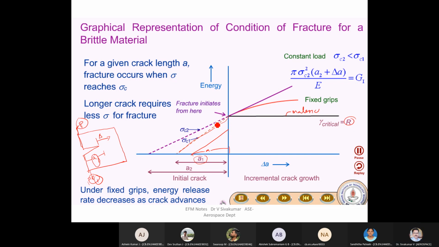Then I will have another specimen with A2 crack length. That also will touch, or it will cross the R line, the resistance, the critical line.